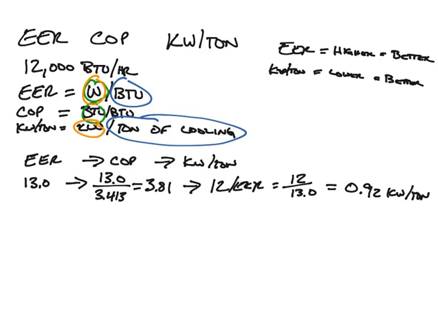Since 13 is higher efficiency than an EER of 12, this number has to be less than 1.